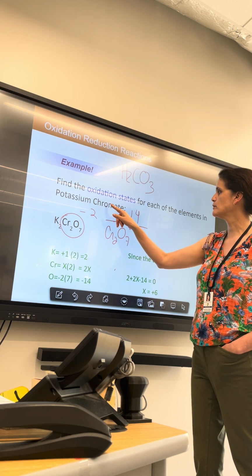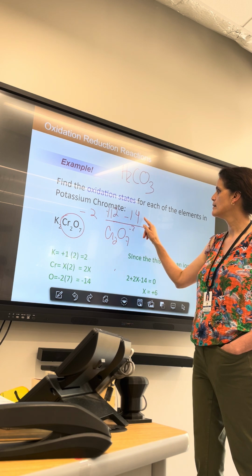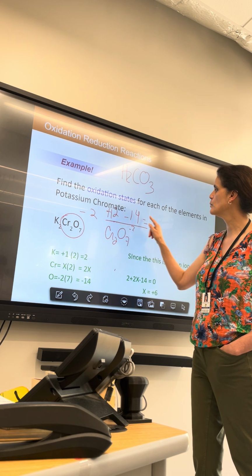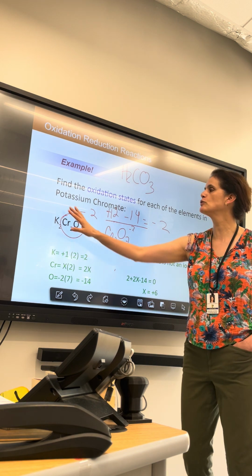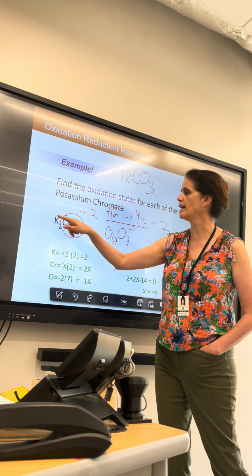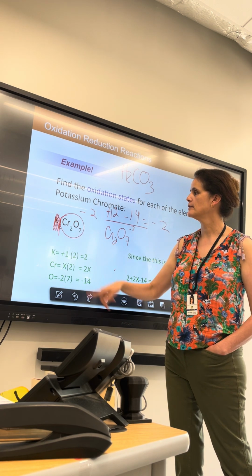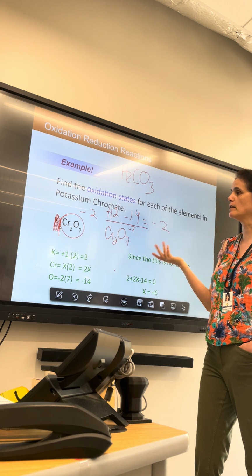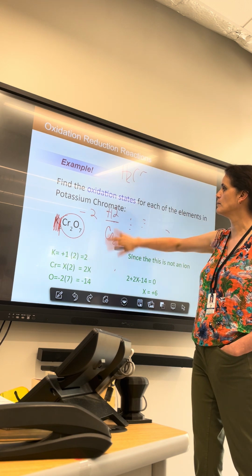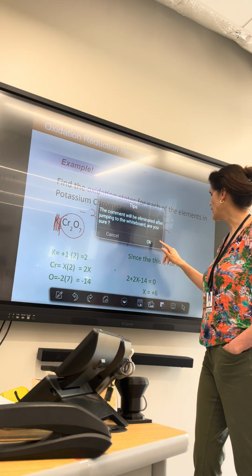So that will be +12, because the total will be -2 for the polyatomic ion, right? So you don't have to do the whole thing as we did. You could just say, hey, forget that. This polyatomic ion is -2. You could do that as well, but it doesn't really save you that much. But that's what we're doing right now.